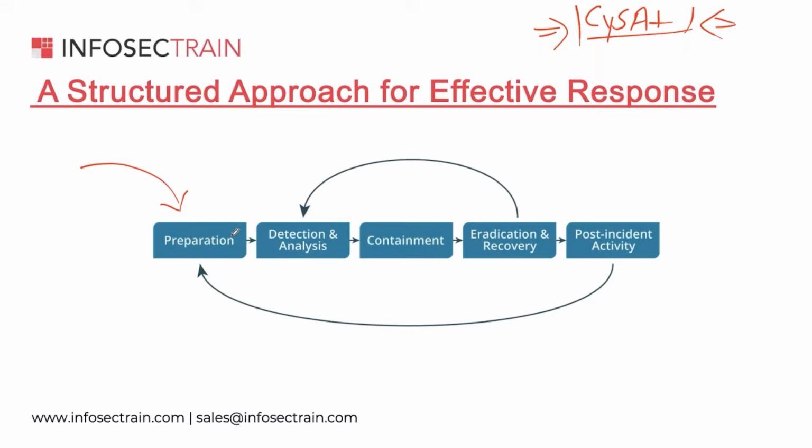First, it is going to start with preparation, where you prepare yourself. First things first, you need to be prepared for an incident if it is going to happen. In an organization, we generally do a risk assessment, which talks about the risks, their likelihood and their impact. If we know those things, we will prepare ourselves based on that.